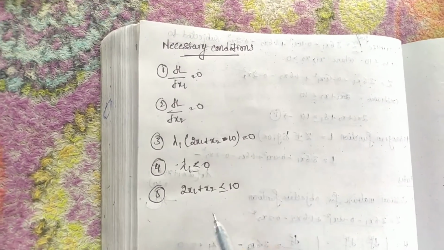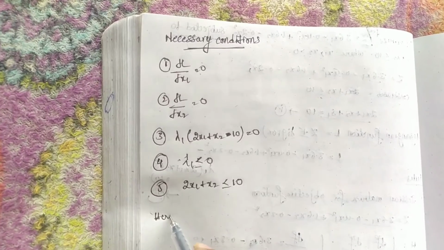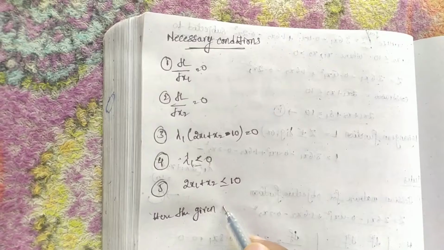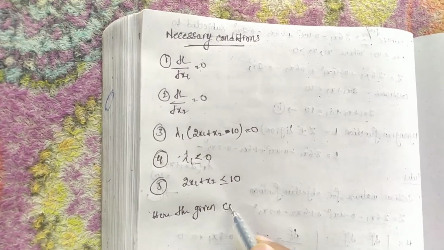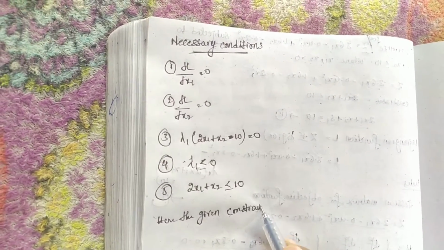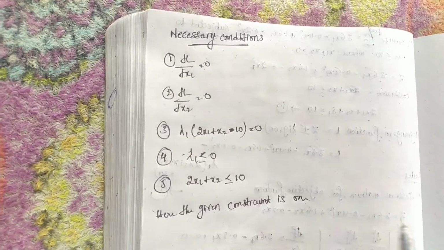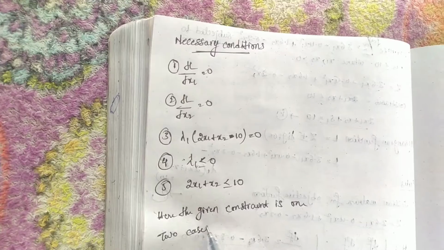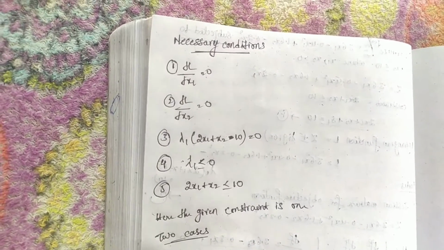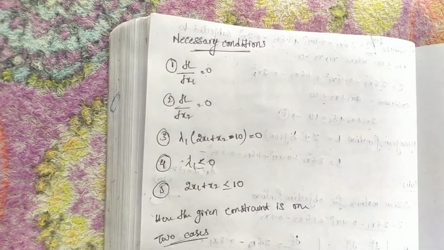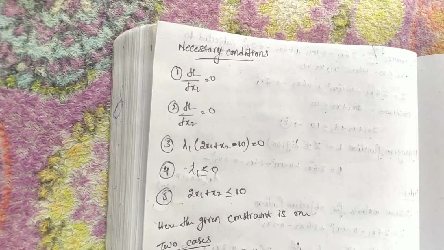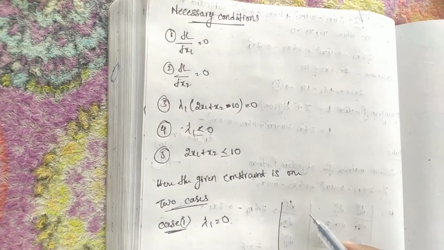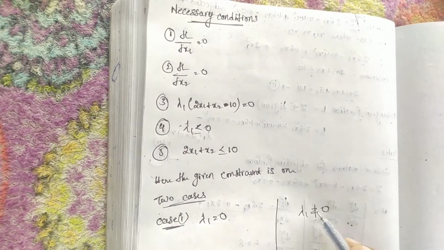Here the given constraint is 1. So we have two cases: case 1 is lambda 1 equals 0, and the second one is lambda 1 not equal to 0.